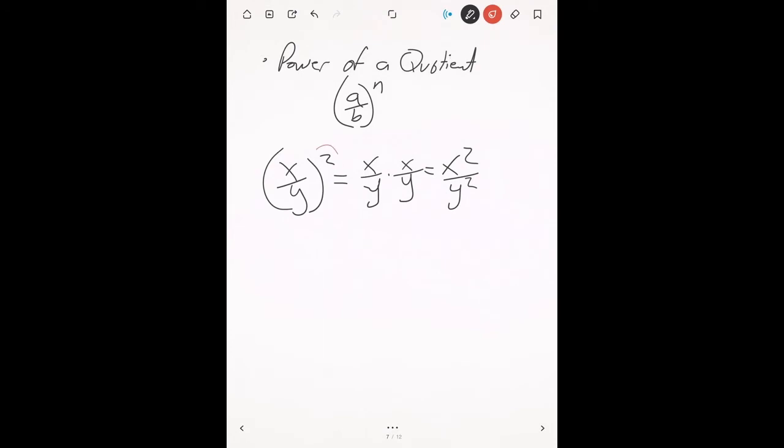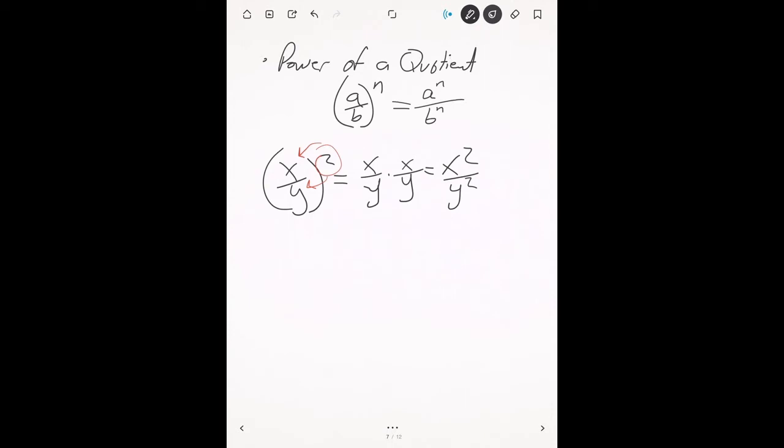Notice how we took this 2 and we applied it to the numerator and the denominator? Well, there you go. That's the property. If you take some kind of ratio or some type of fraction, a over b, and you raise that entire fraction or the entire ratio to an exponent, you can apply that exponent to the numerator and the denominator.